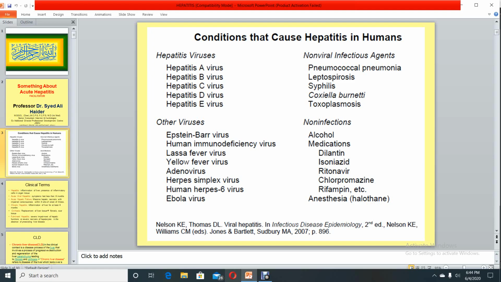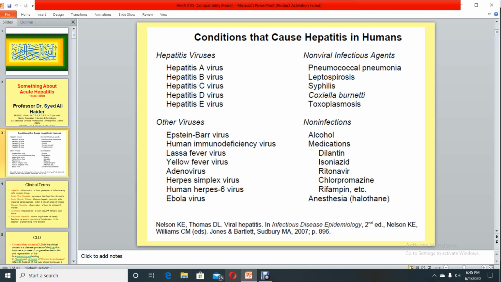Now, serial viruses are hepatitis A, B, C, D, E, G, etc. And non-serial viruses are Epstein-Barr virus, cytomegalovirus, HIV, Lassa fever virus, yellow fever virus, adenovirus, herpes simplex virus, human herpes virus, Ebola virus, and many others probably.